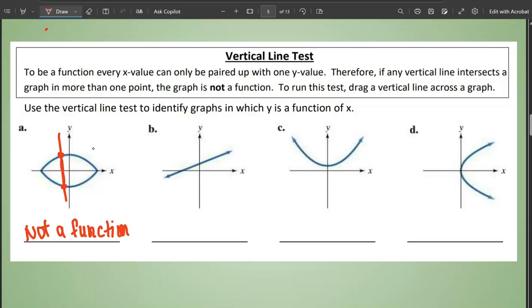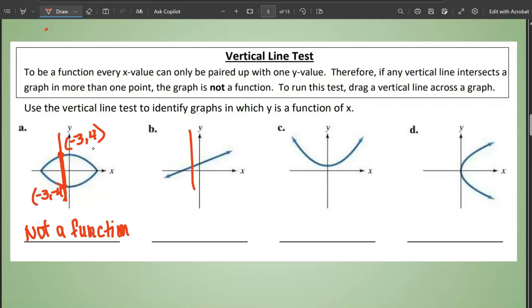Because these x values here would have to be the same. I'm totally making up these numbers, but I'm going to say that x is equal to -3, -4 is the name of that point, and I'm going to say that this one is -3, +4. So because those x values repeated, it is not a function.